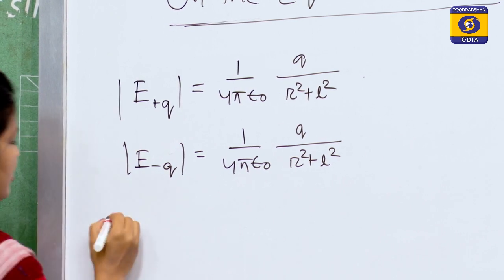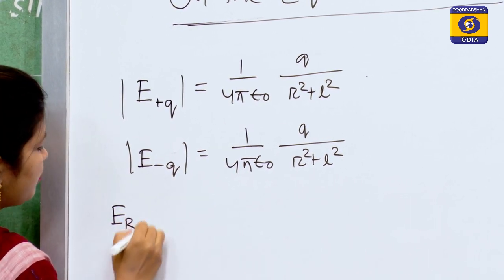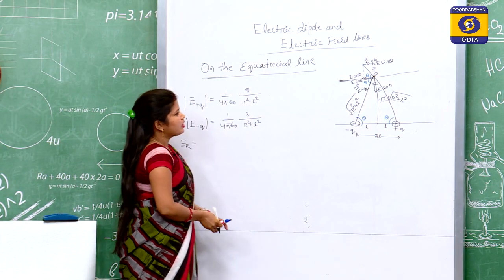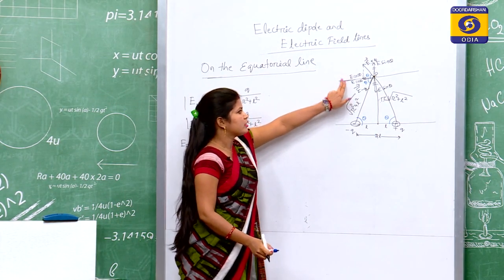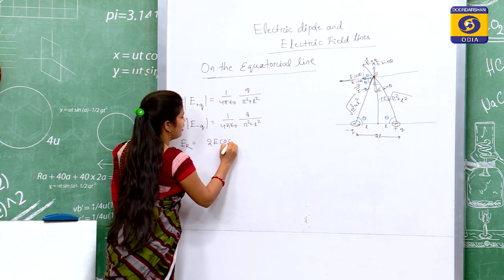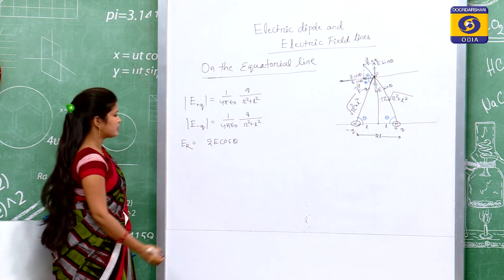Okay. So, the resultant electric field intensity is equal to E cos theta plus E cos theta, that is 2 E cos theta, because they will be added up. So, 2 E cos theta.